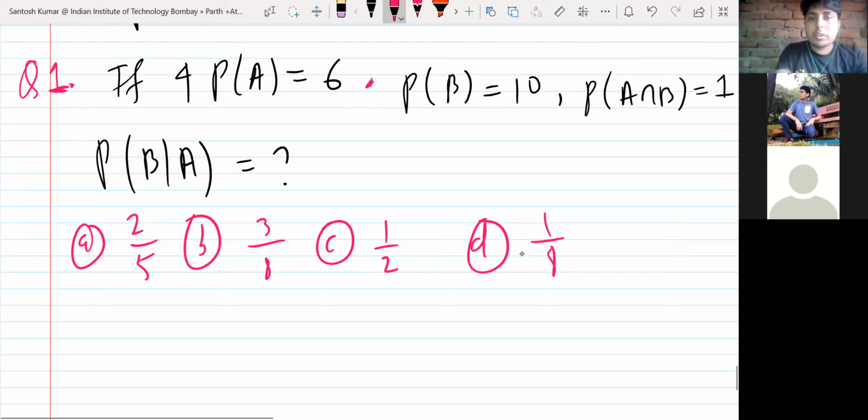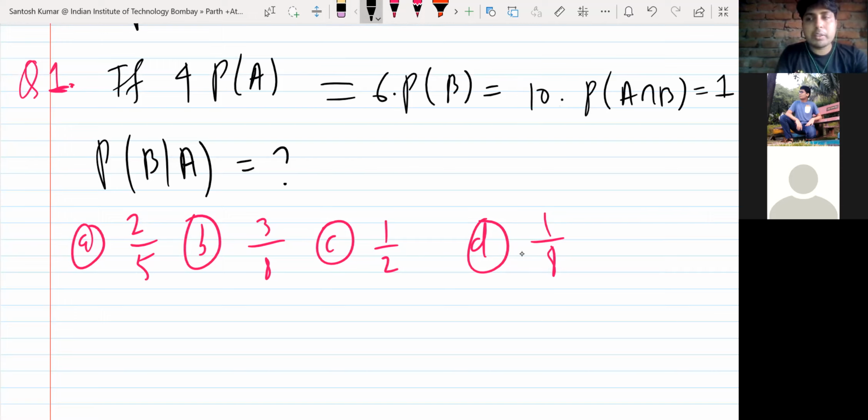The comma is a product. So now, 4 time probability of A is equal to 6 time probability of B, which is equal to 10 time probability of A intersection B, all equal to 1. So 4 time PA, 6 time PB, 10 time P(A intersection B) equal to 1. Then what is probability of B given A?